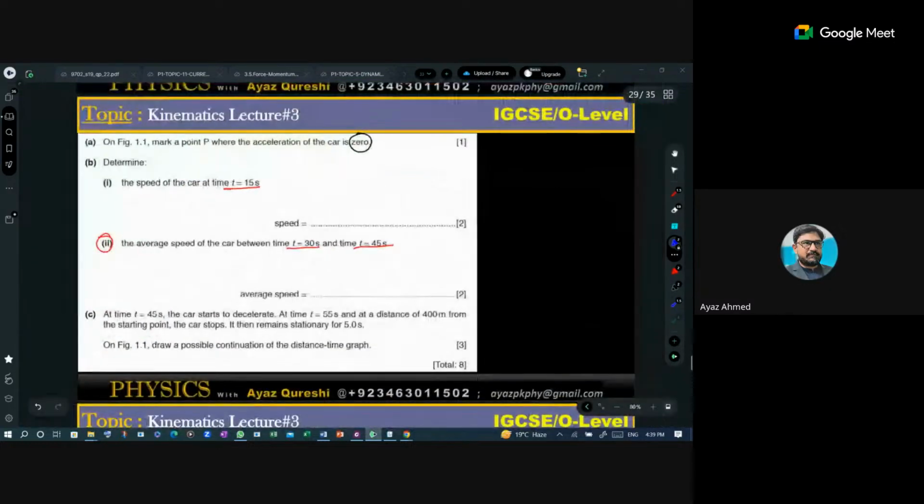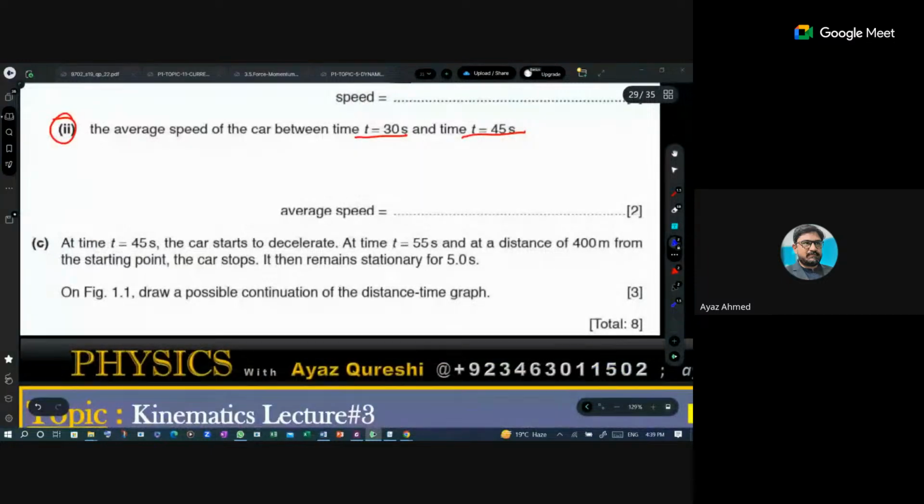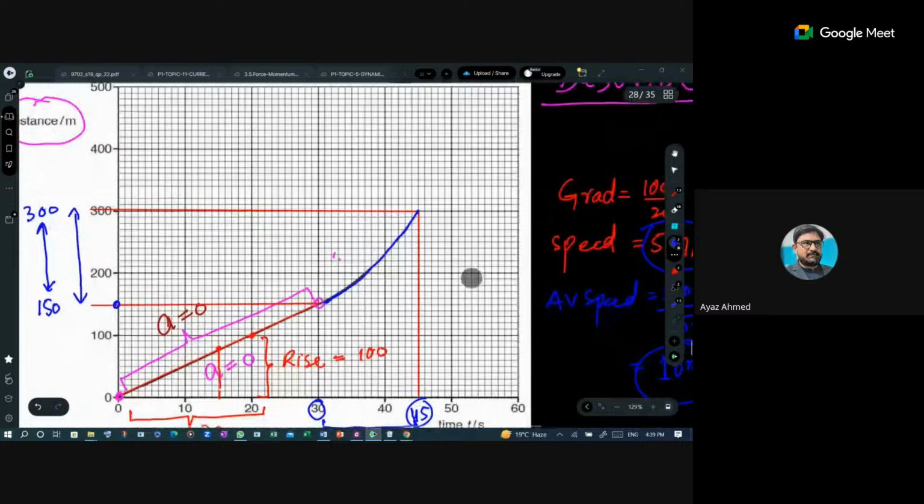Don't forget this. Now the question, its last part says, at time t equal to 45 seconds, the car starts to decelerate. Remember this thing. This graph was not completed. Check this one out. From 45 seconds to 60 seconds, the examiner has put some empty space for you.